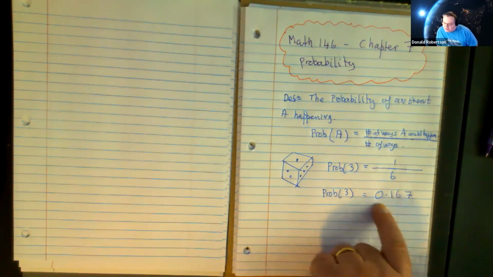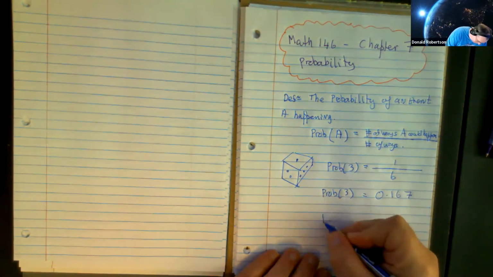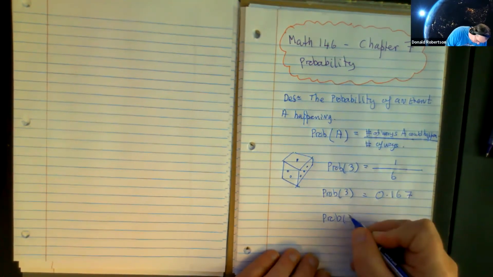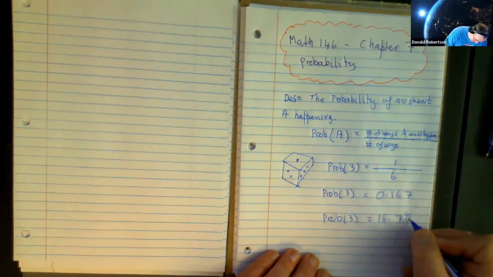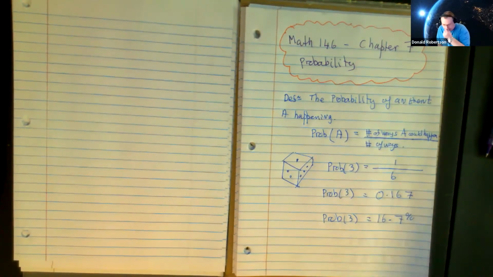This here is obviously a decimal. And the third way is as a percentage. And they all have their own strengths and weaknesses.